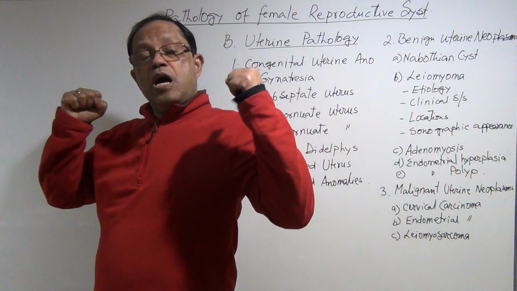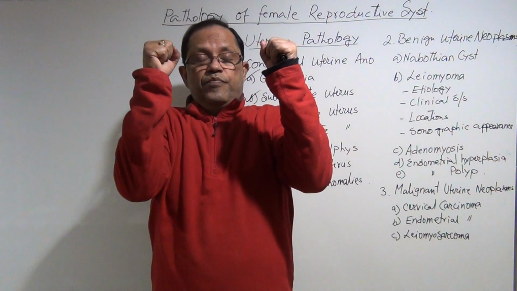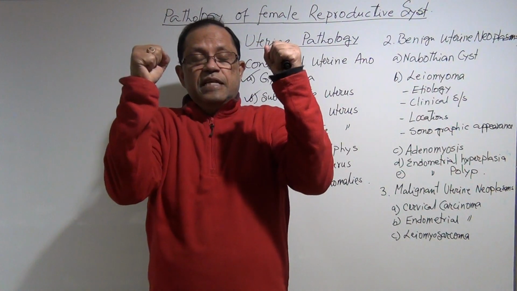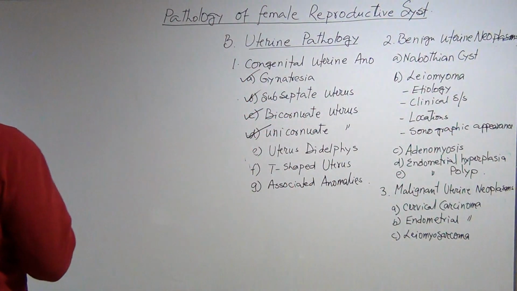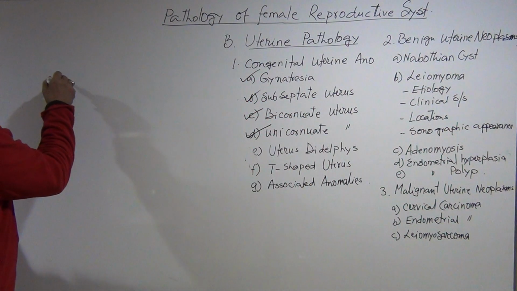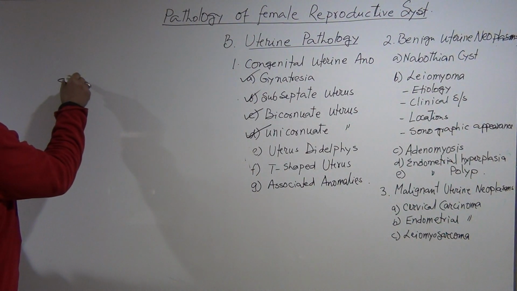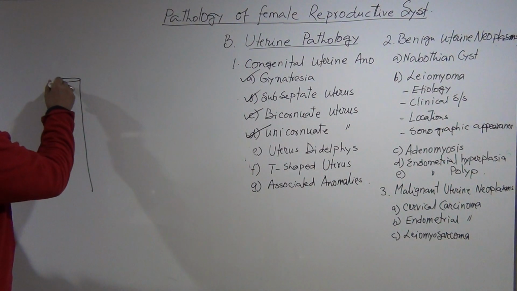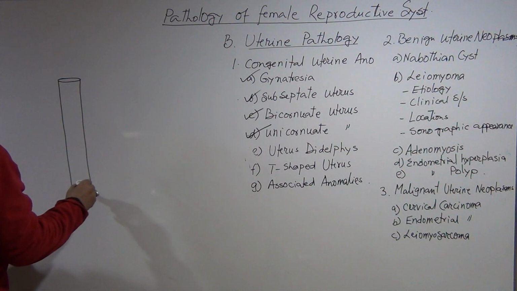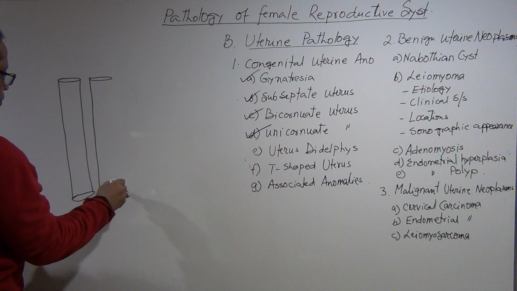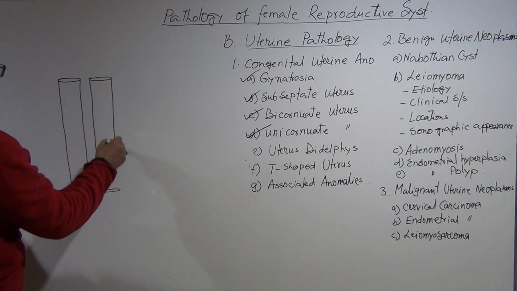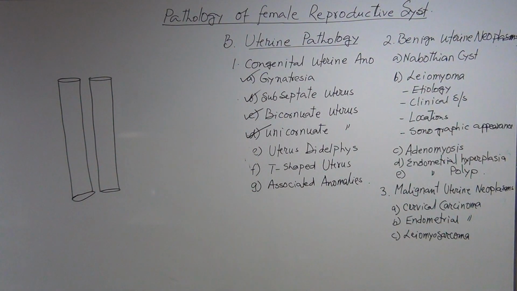We will grow as two uterus. So now draw the two Mullerian ducts.